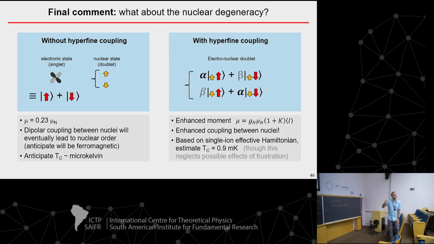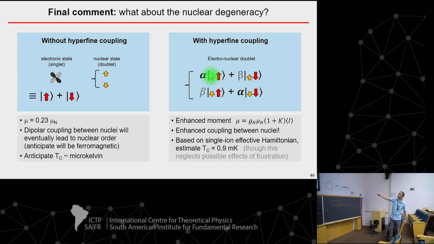On the other hand, with hyperfine coupling, something very special is going to happen. So now there's an electronuclear doublet. That means that for each of these cases, nuclear spin up, nuclear spin down, I admix some of the electronic state. But for nuclear up, the amount of up and down electronic state, the coefficients alpha and beta here, are different. Because of the hyperfine interaction, I admix more of the spin up. And similarly, for nuclear down, I admix more of the spin down.